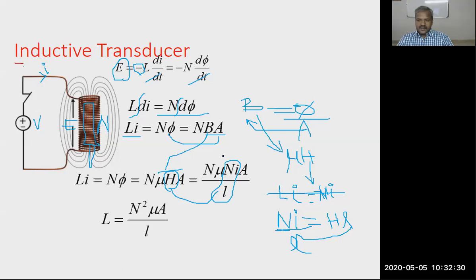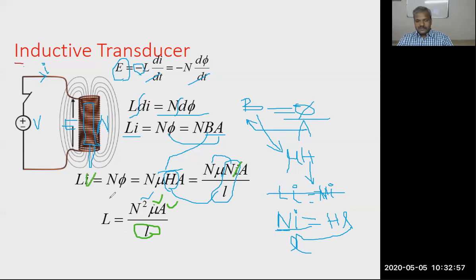So again, this N into N, N square, mu, this A, and this L. So N square mu, and this I and this I cancel each other.